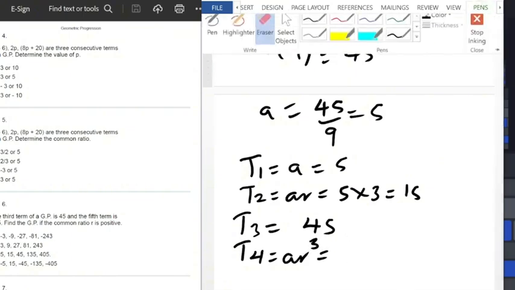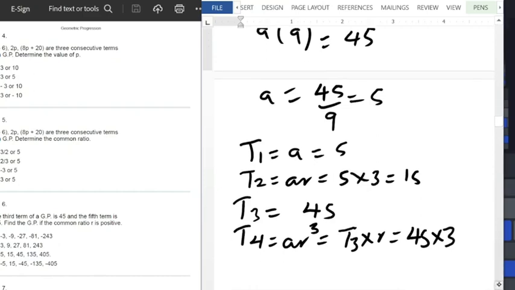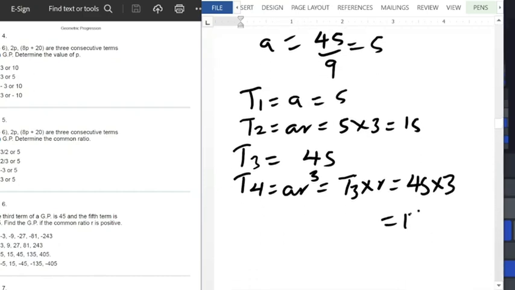T4 is the third term multiplied by r, that is 45 multiplied by the common ratio, 3. 45 multiplied by 3 is 135.